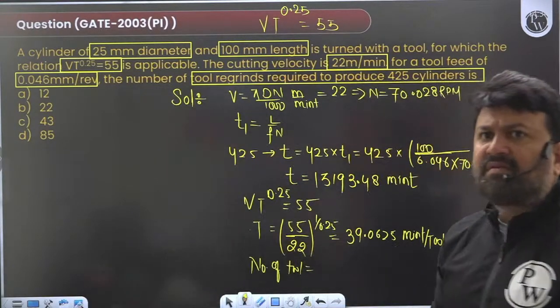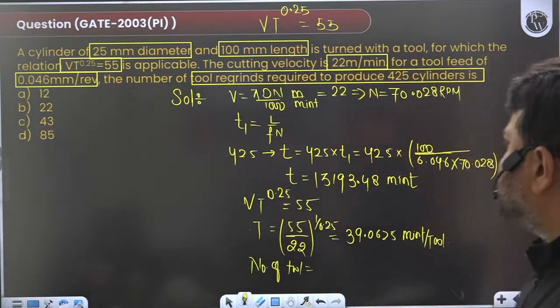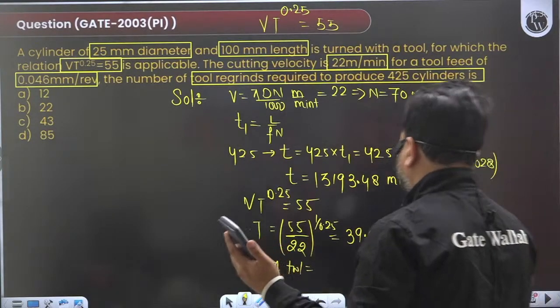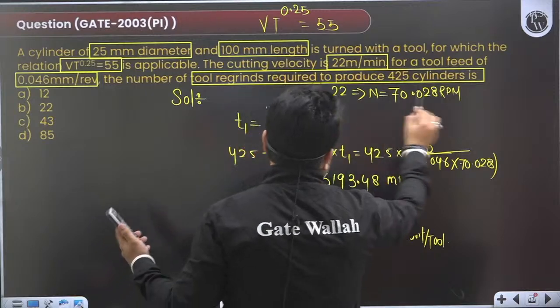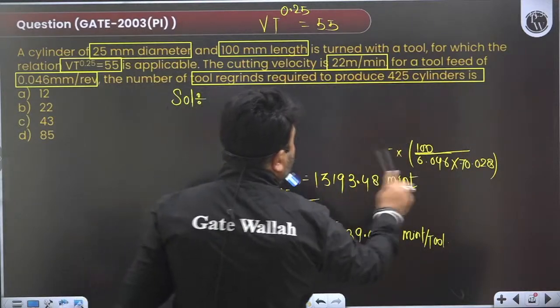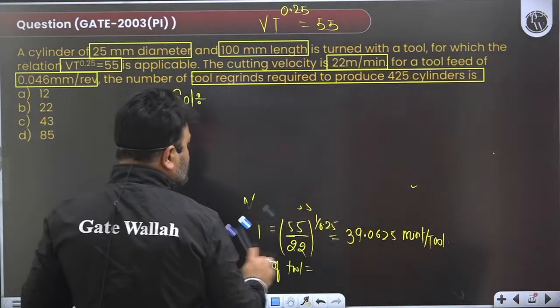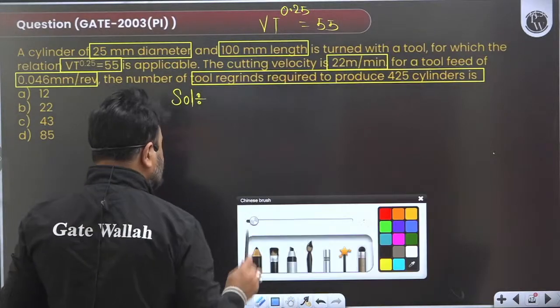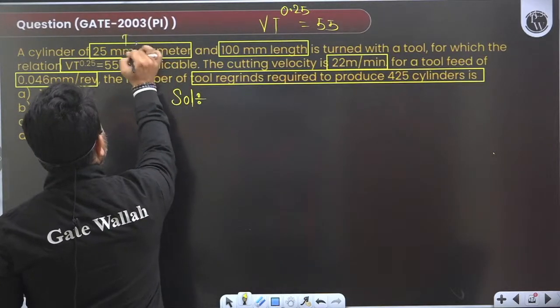Something is wrong. Did I do something wrong? Oh, I put the wrong diameter value. That's why. Here the diameter is this, and this is the length.